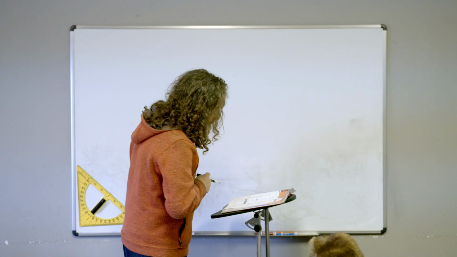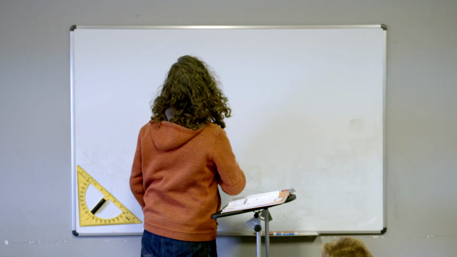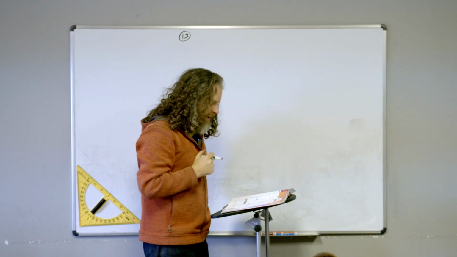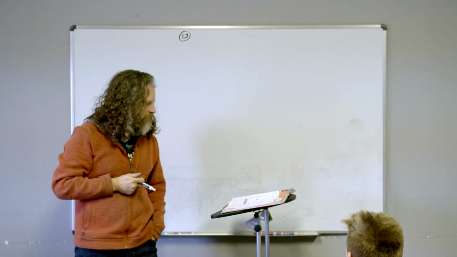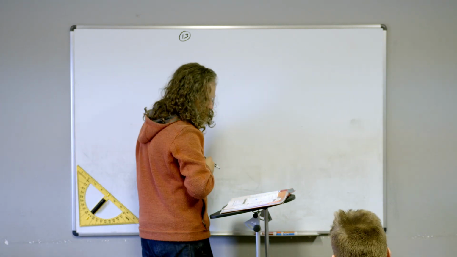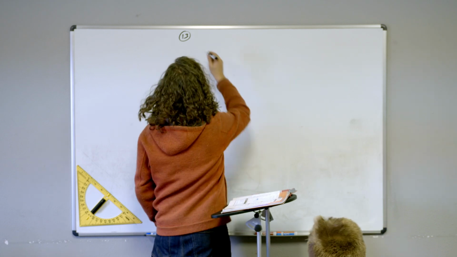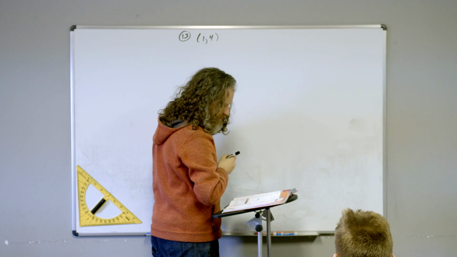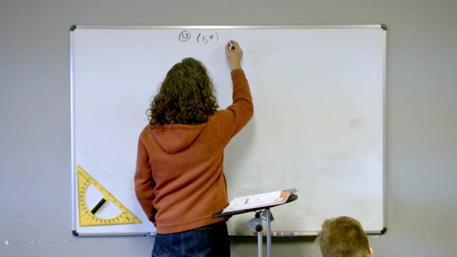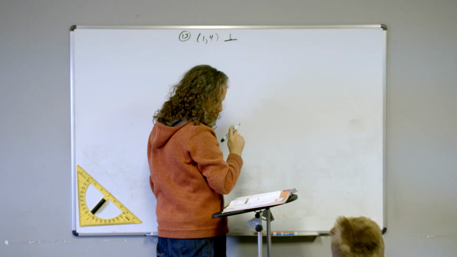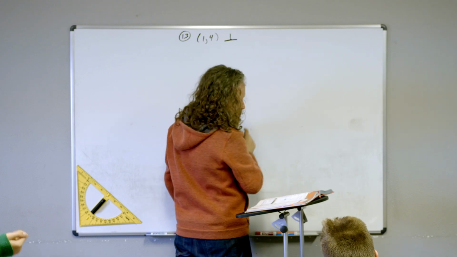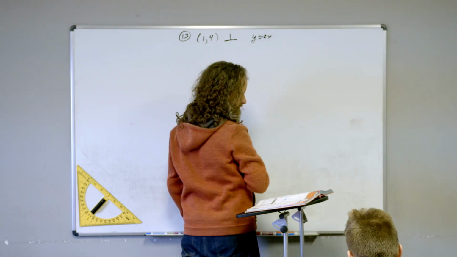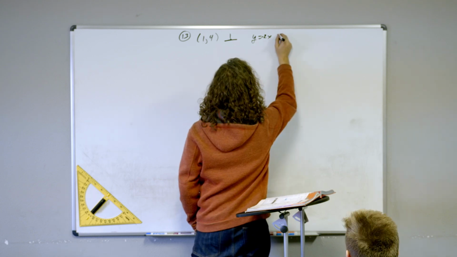Let's do number 13. We're supposed to write an equation in slope-intercept form for the line that passes through (1, 4) and is perpendicular, not parallel, but perpendicular to the line y equals negative 2x plus 5.